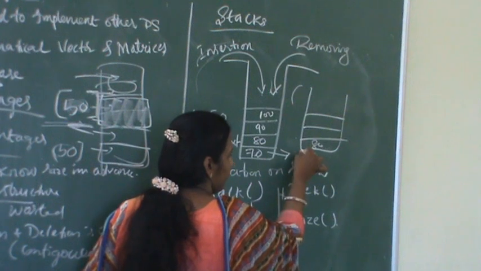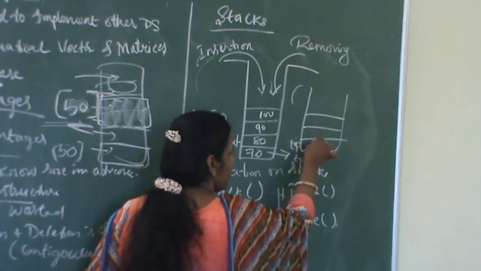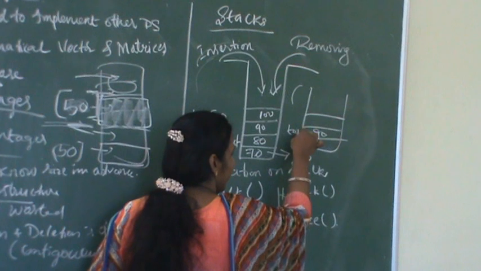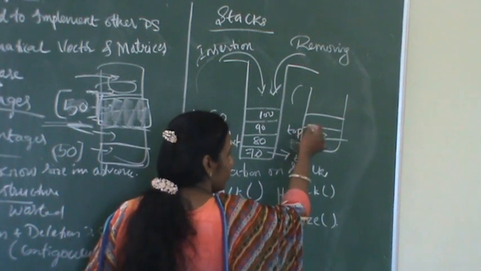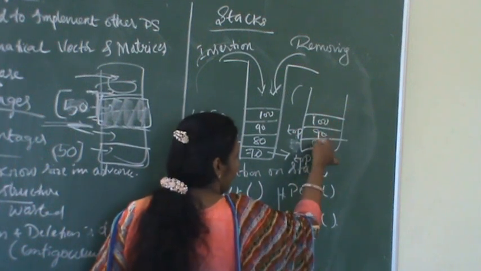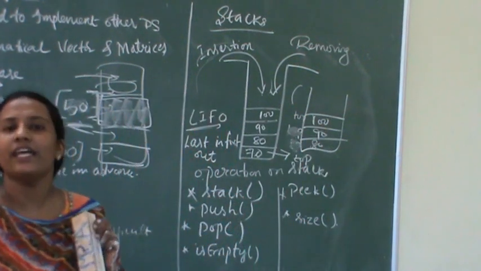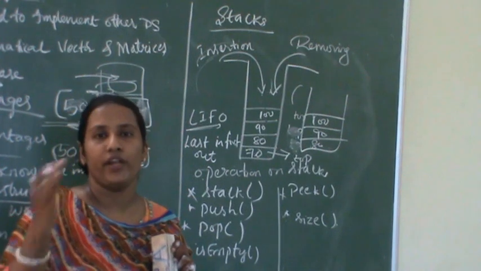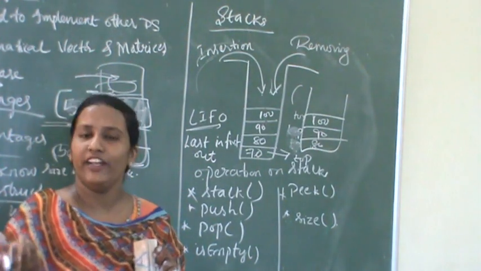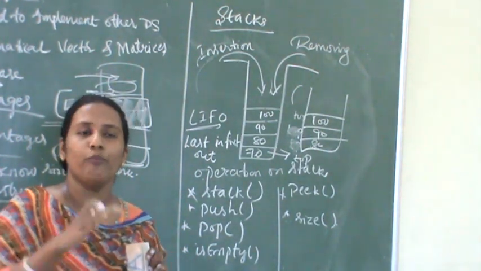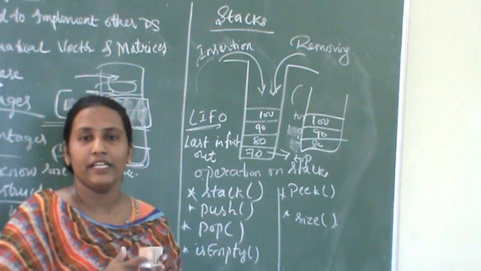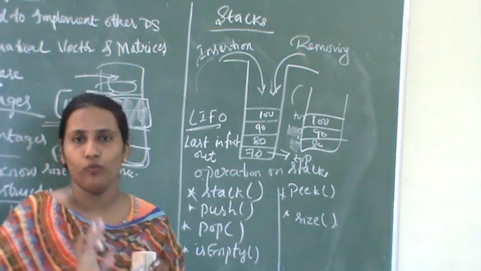If it is incremented, it becomes here. If another element is added, it is incremented again and comes to the next location. Whenever we add an element, the top pointer is incremented. Whenever we remove an element, the top pointer is decremented, meaning decreased by 1.